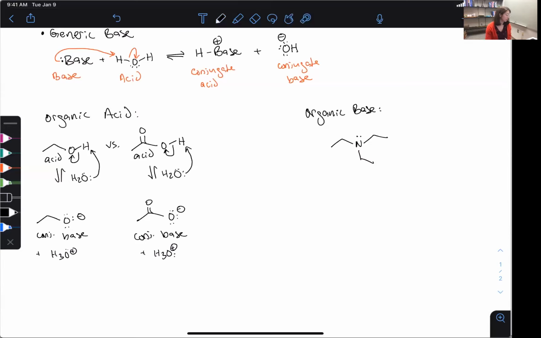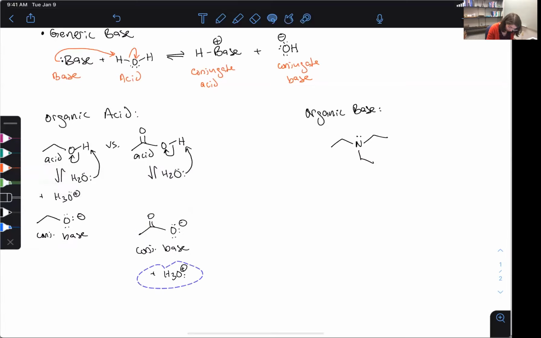So if we're looking at these 2, what's really the difference here? I'm actually going to move the H3O plus up so that I can see. Okay, so I have one that has an O- next to an sp3 carbon, one that has an O- next to an sp2 carbon. So whenever we do this, we should be thinking to ourselves, can I draw resonance structures, which is what we just learned.